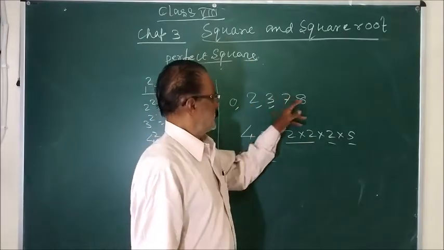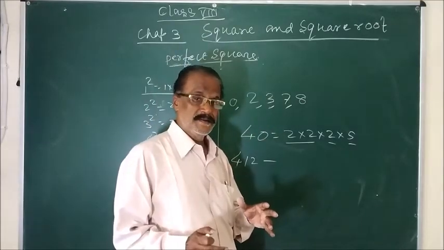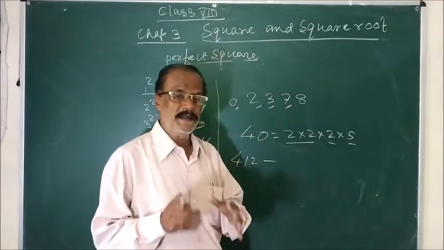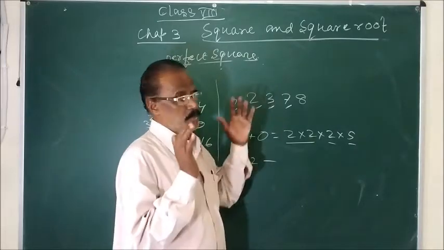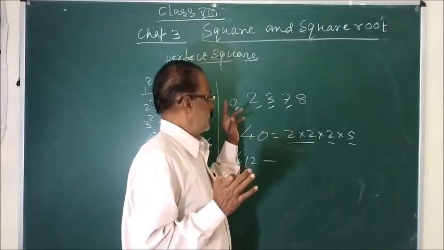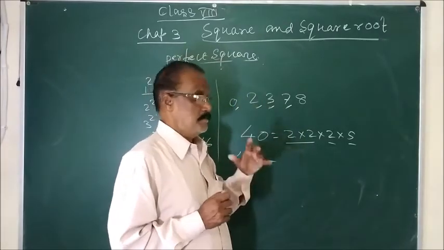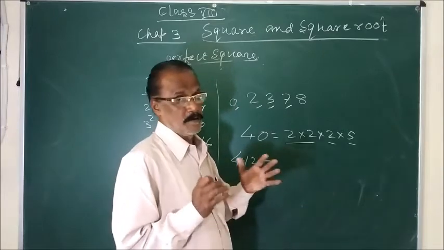And these are the important points. By observing the digit in the ones place of any number, without finding the factors, we can say whether the number is a perfect square or not.